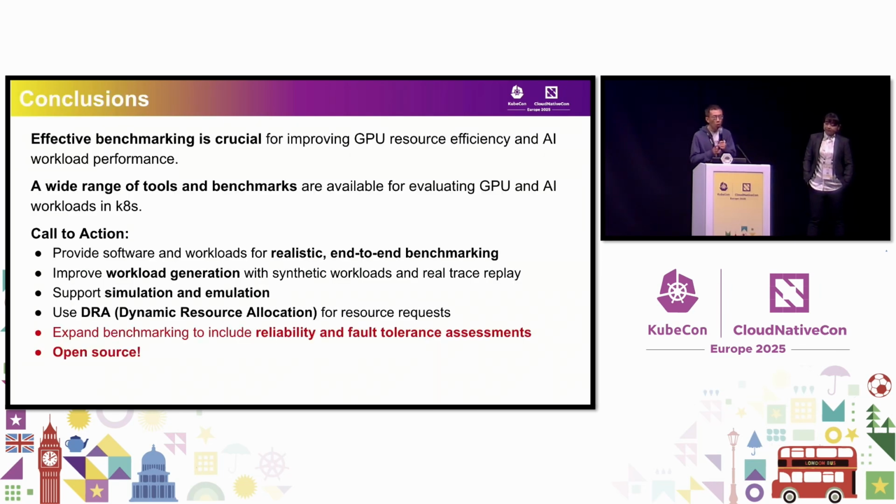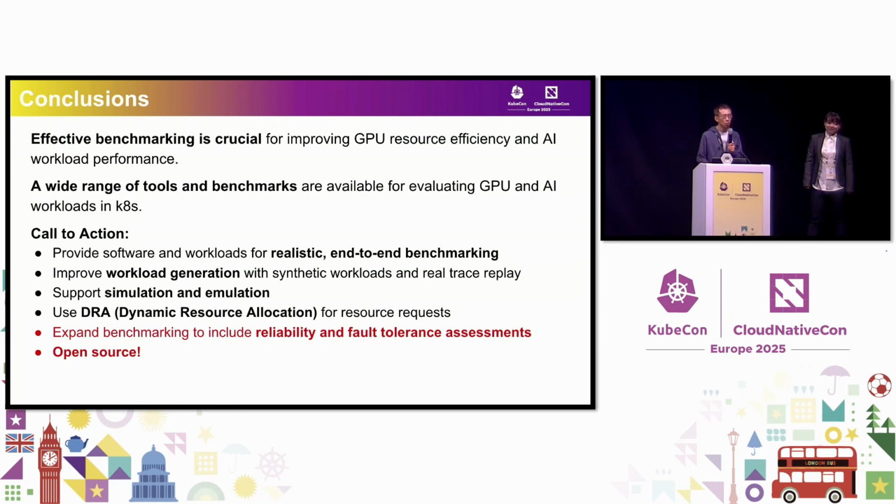So, to summarize our talk, benchmarking is essential for understanding and optimizing AI workloads. The key takeaway is that there is already a variety of tools available, both benchmarks and software, so you should try them. But moving forward, I think we need to provide software tools that can do more realistic end-to-end performance evaluation.